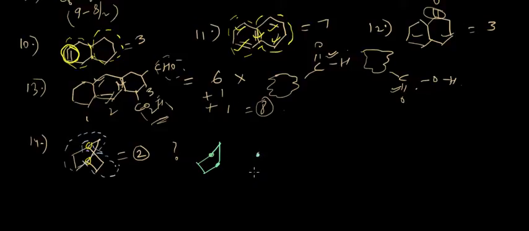Okay, the second ring was this, right? So these two carbon atoms actually contributed to this lower ring, and the upper ring was these carbon atoms.